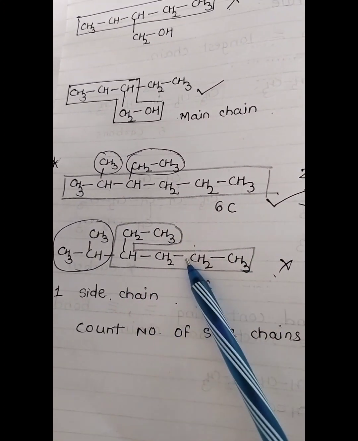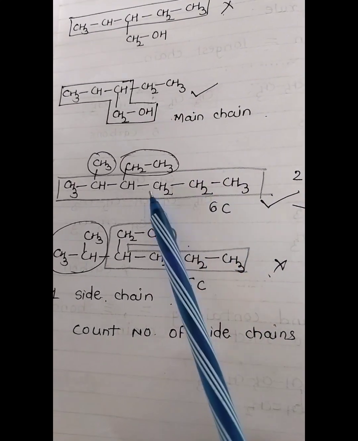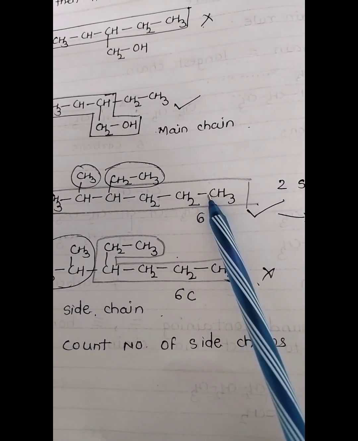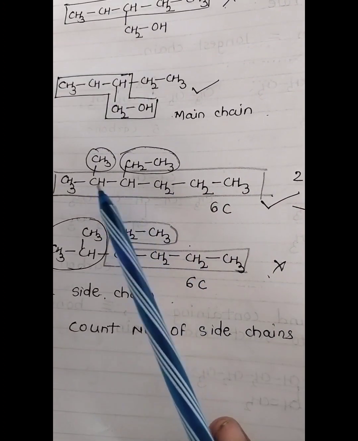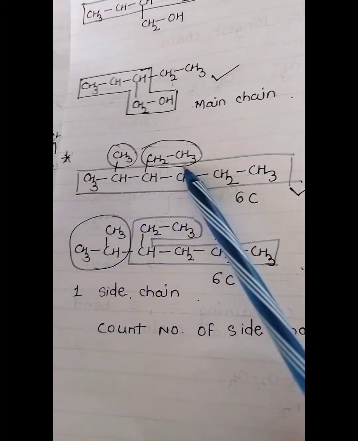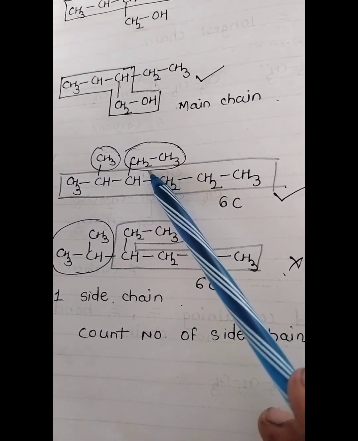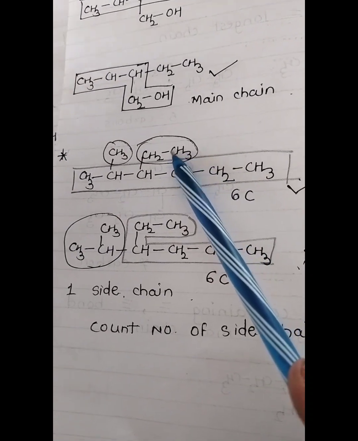And if we select this method, there are 6 carbons, 1 2 3 4 5 6, and this is our main chain, and these are our two side chains: CH3, and here CH2 CH3 is our side chain.